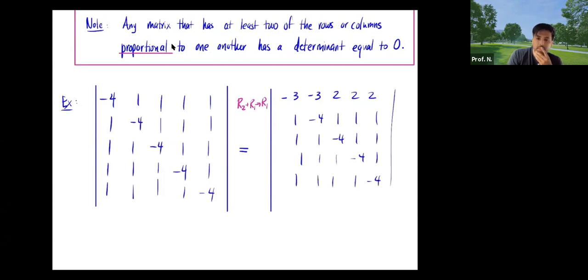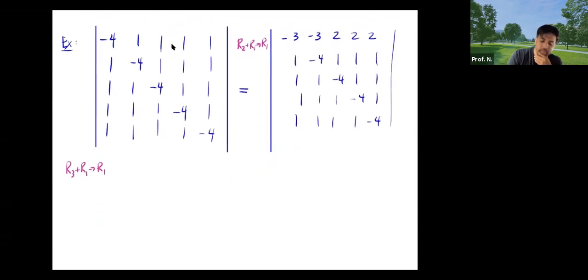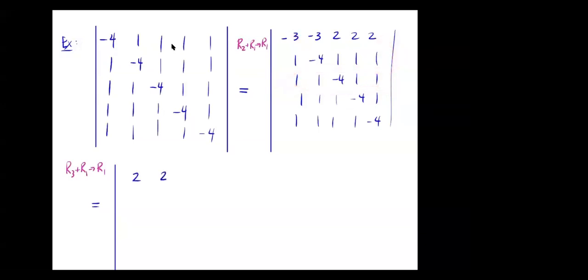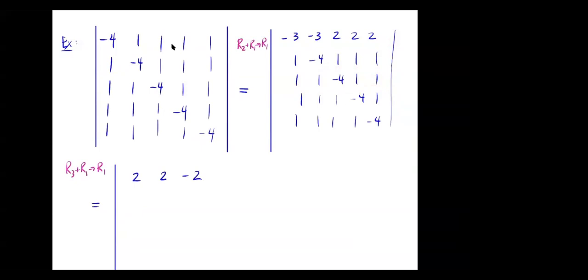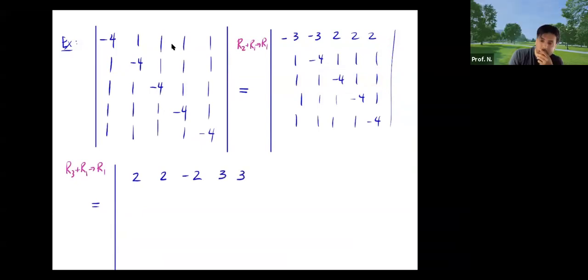Now, what if I do the same thing, but use R3 instead? Use R3 plus R1 into R1. What is that going to give me? So I take this row and add it to this row here. What do I get? I get 2, 2, right? Then I get -2, 3, 3, right?